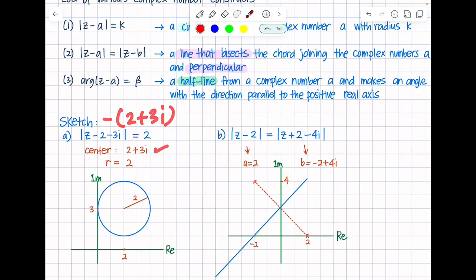And then the radius is 2. Center at 2 plus 3i and radius 2, and then we get the circle. So the interpretation is that z is any point that lies on the circle. This is z.